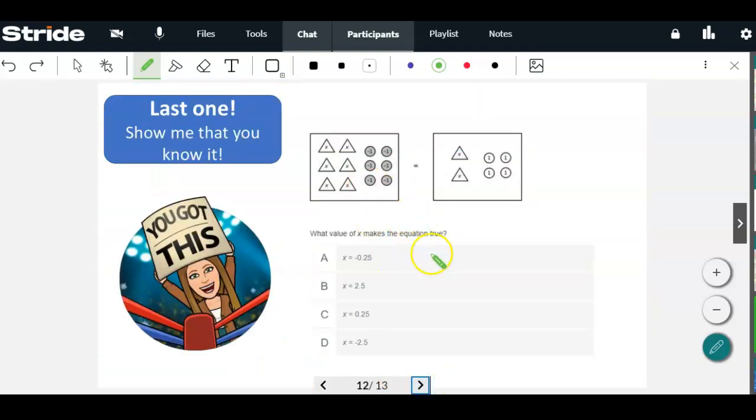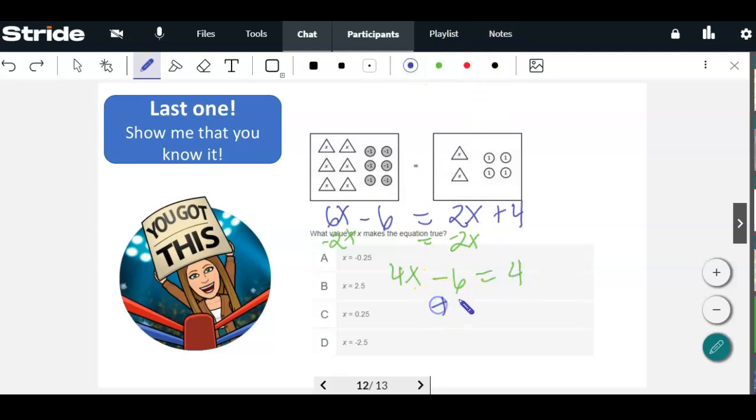All right, last one. So we model and solve. These are positives. So we have 6x minus 6 equals, and these are positive, 2x plus 4. We're going to subtract 2x from both sides. So 4x minus 6 is what we're left with on the left side, and just the 4.